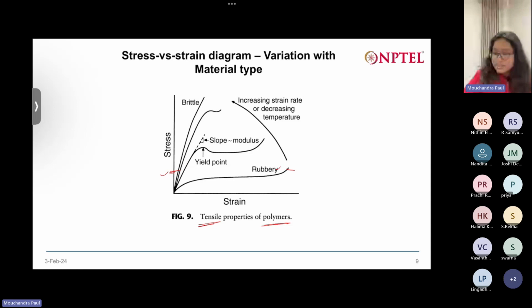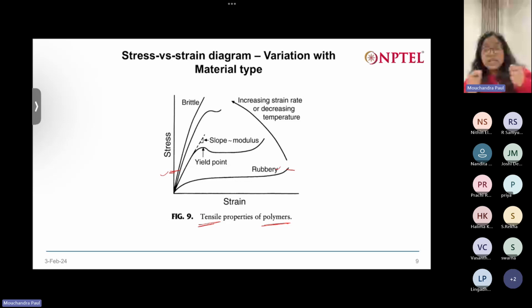For compression, a different kind of plot will happen. Now, in these two, you can think as if for the metal as well. For metals, they are very elastic, which means the elastic region for metals is very long. You can see that proportionality in the curve last for a very large value of strain. And the yield stress or the yield point value is also higher for metals.